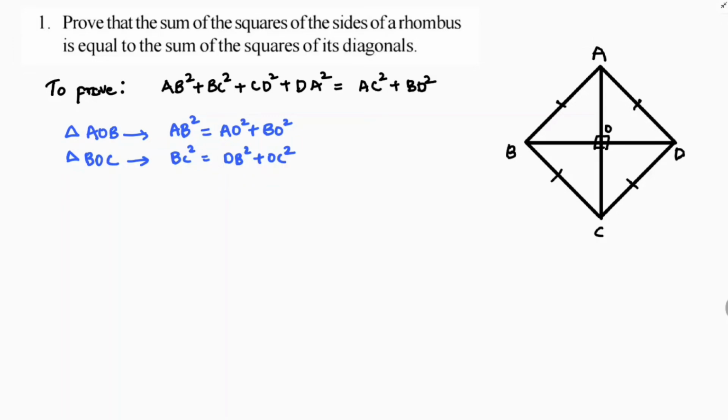In the same way, for triangle COD, CD square equals CO square plus DO square. Next, for AOD, right angle at O, so the hypotenuse is AD. So in triangle AOD, AD square equals DO square plus AO square.